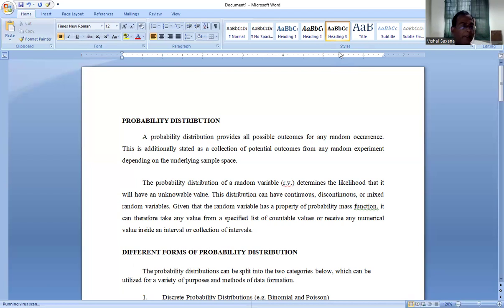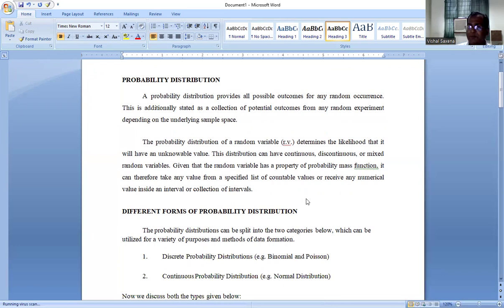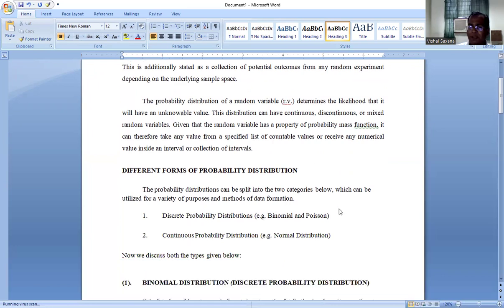Binomial and Poisson distributions are examples of it. So there are different forms of probability distribution: the discrete probability distribution, with examples binomial and Poisson, and the continuous probability distribution, for which the normal distribution is an example.